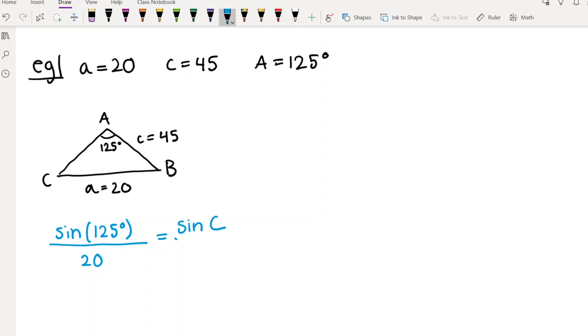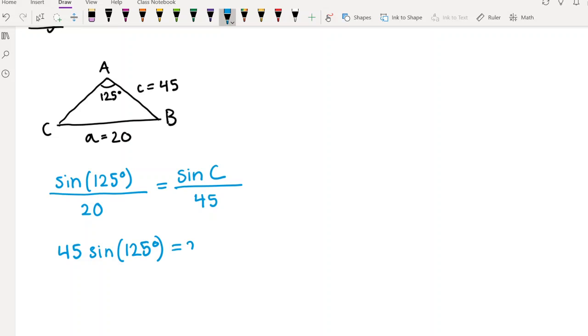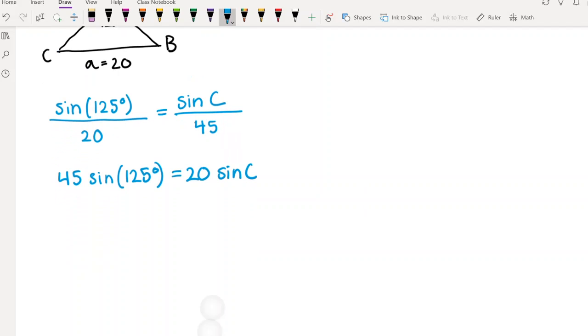So we can say sine of C over 45. If we cross multiply this, we get 45 times sine of 125 is equal to 20 times sine of C. And if we divide both sides, and I'm just going to reorder this because my brain likes it better like this, we get 45 times sine of 125 all divided by 20.